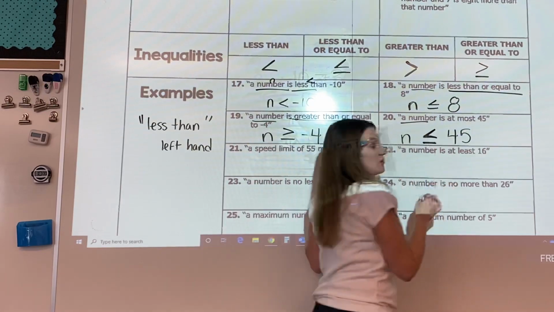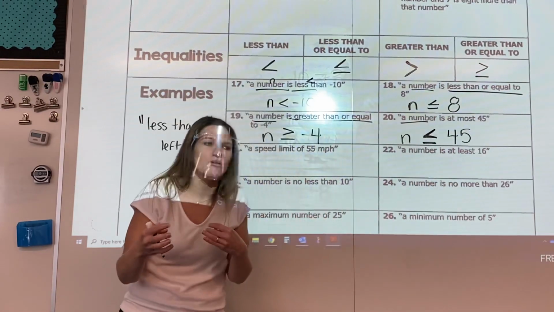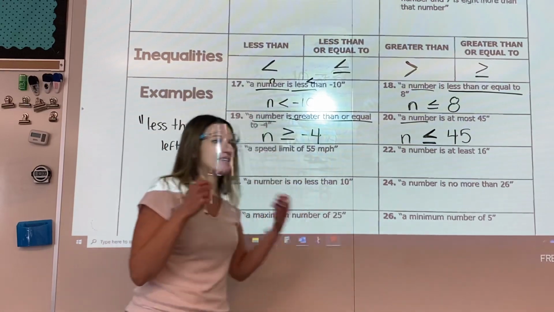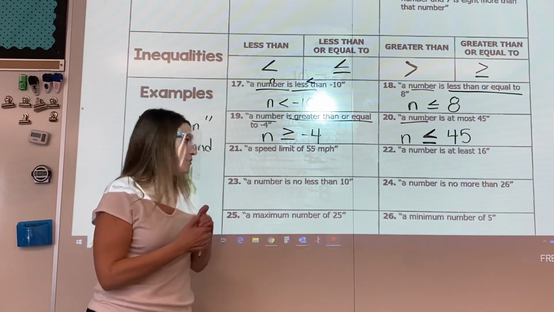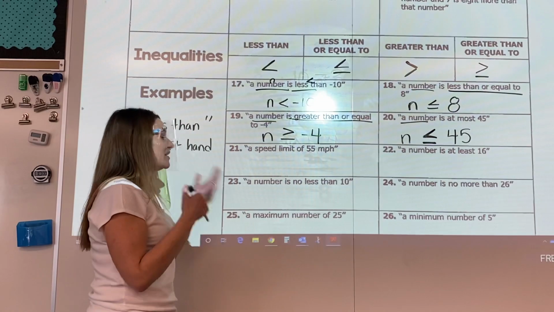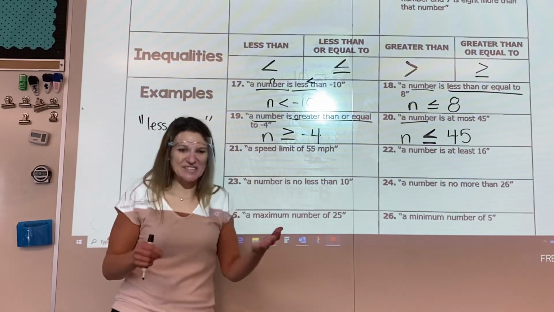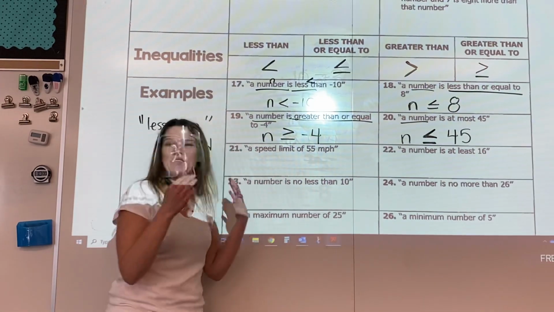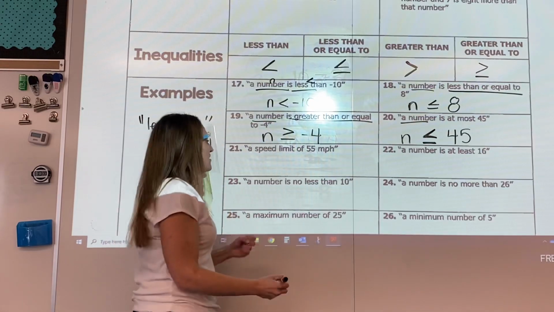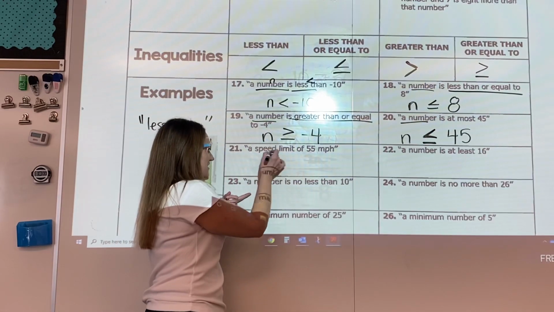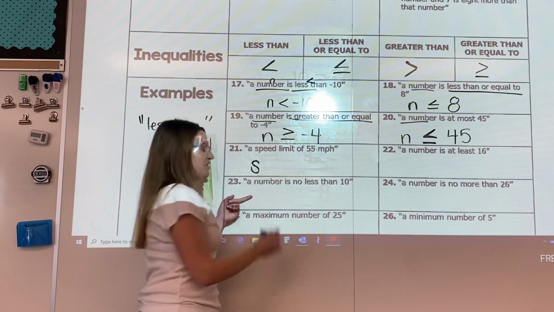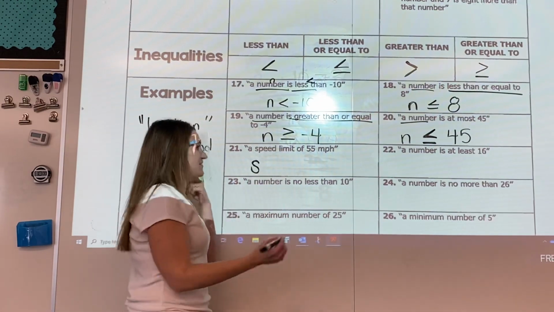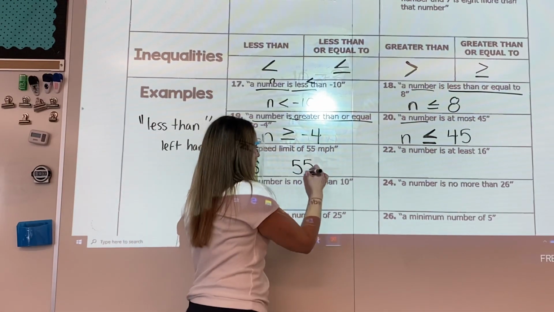And these are the types of problems you really have to work through and think about. It takes a little bit of time and practice, truthfully. A speed limit. I love this example. A speed limit of 55 miles an hour. So we're going to represent the speed limit with S. That's going to be our speed. The speed limit is 55, so I'm going to put my 55 over here.